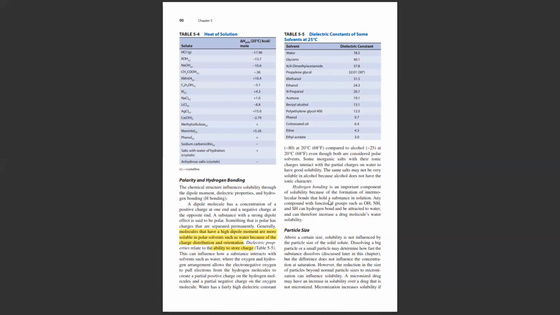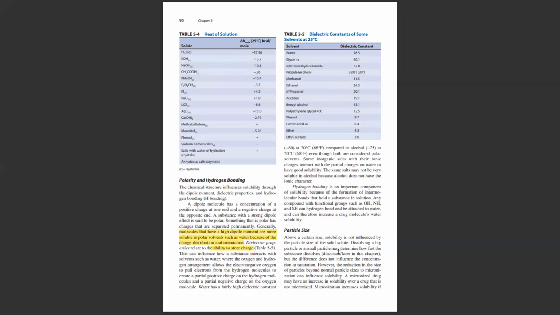The other factor is the particle size. When you reduce the size of a particle, you increase the surface area exposed to the solvent. An example of this would be a supplement like creatine, the micronized creatine.